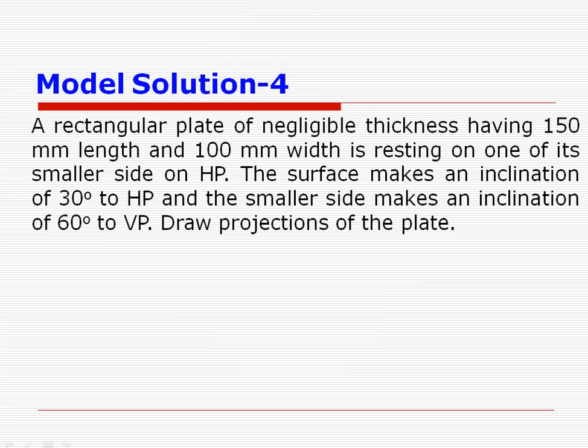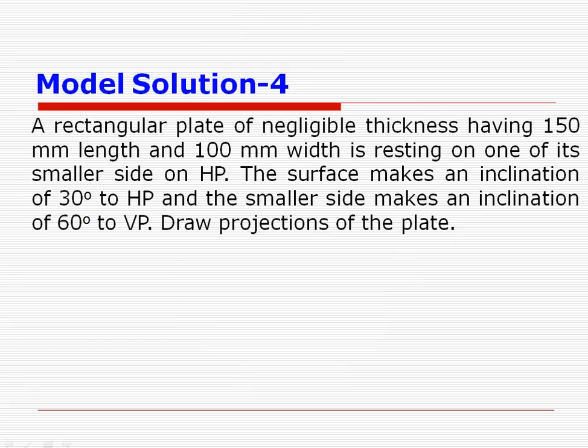So here, as usual, we will take the initial position of the plane in such a way that it is in HP, because its smaller side has to rest in HP.